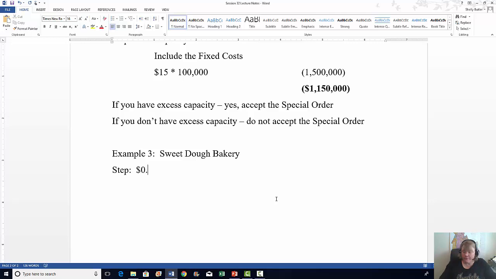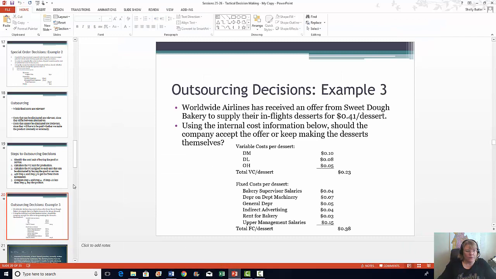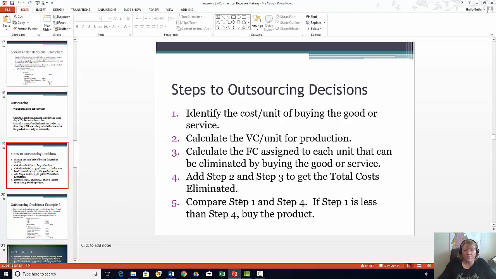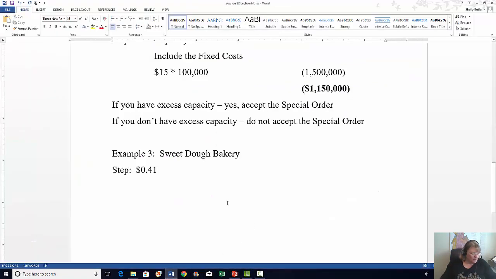Having trouble typing 41 cents. Step one: identify the cost per unit of buying the good. We have that, 41 cents.